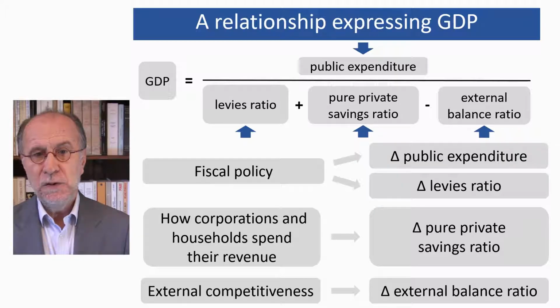The value in establishing this relationship between GDP and these four factors is that doing so reveals the precise effect that simultaneous changes to those factors have on GDP. If we know those four factors, we can calculate GDP to the nearest euro.